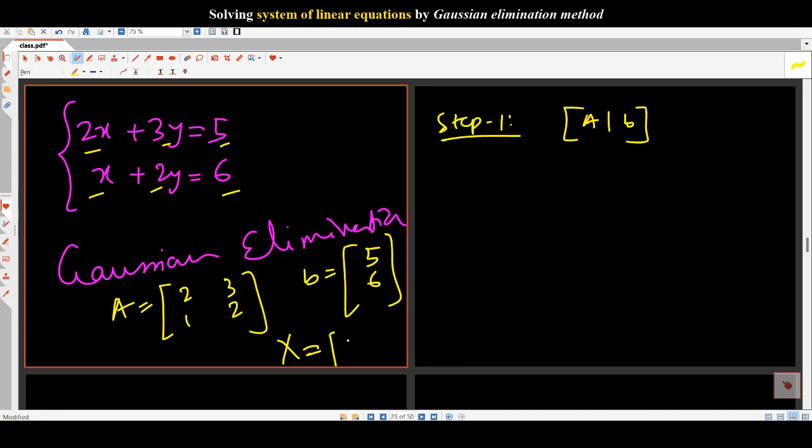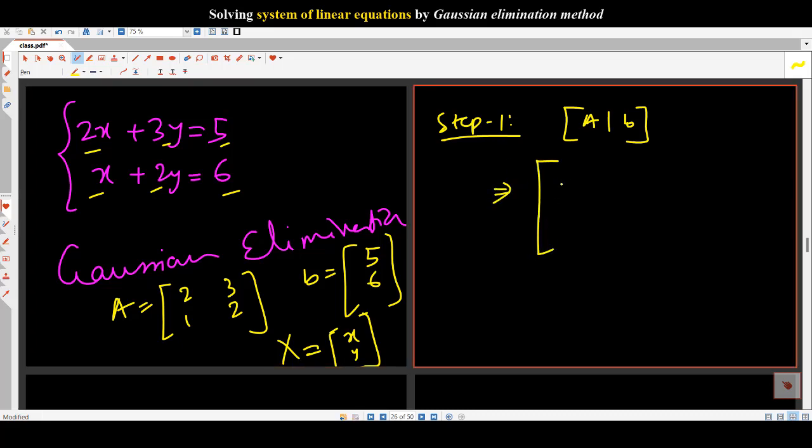X is the solution set. How many variables you have? X and Y. So X and Y is making X set. So step 1 is to write by this. A matrix. A matrix is 2, 3, 1, 2. There is a separation that we are giving, and here we have 5, 6.